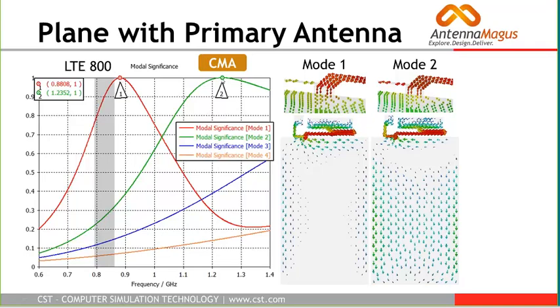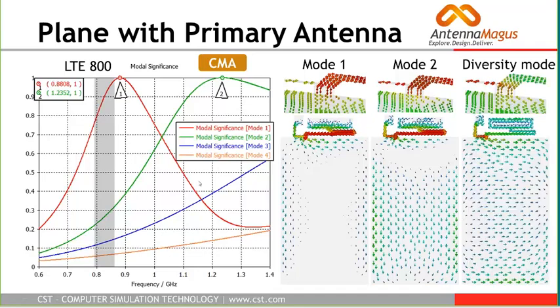Second mode, which is a green curve, resonates at 1.2 GHz, and there is no other mode resonating within the displayed range.